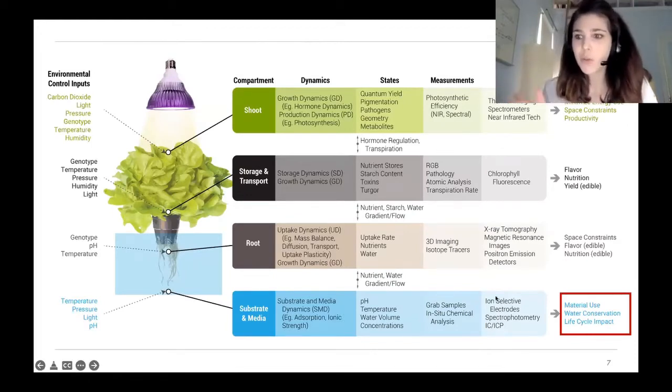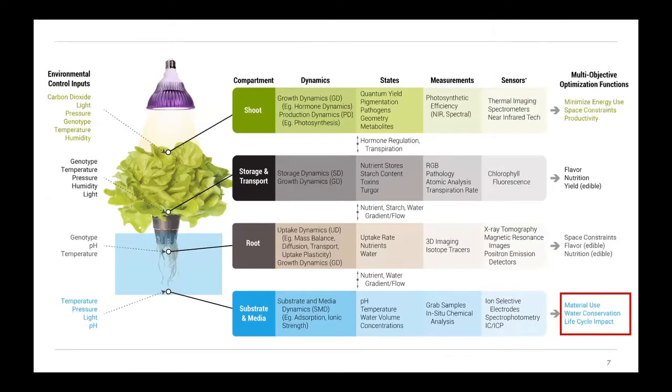As I mentioned, we don't just care about the nutritious quality of the plant or how big it is. We also want to take stock of the material use, the water conservation, and the life cycle impacts of controlled environment agriculture, so that we can reduce its overall environmental impact.